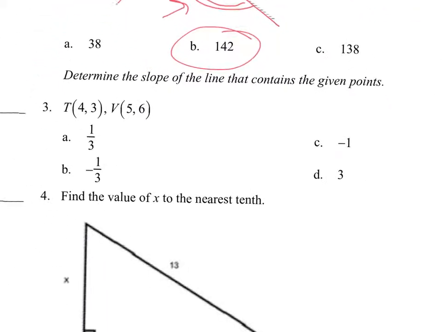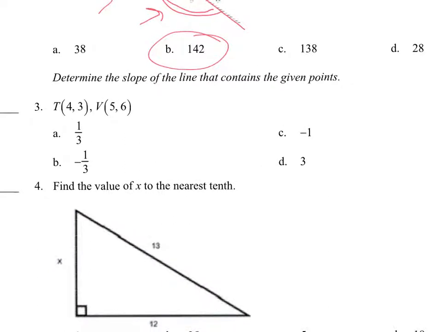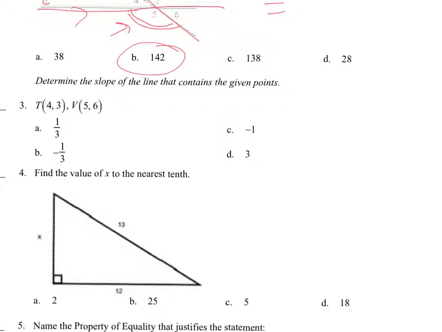Okay, looking at number 3. We have to find the slope given these 2 points. Remember the formula for slope is y2 minus y1 over x2 minus x1. So we'll call 6 y2 and 3 y1.